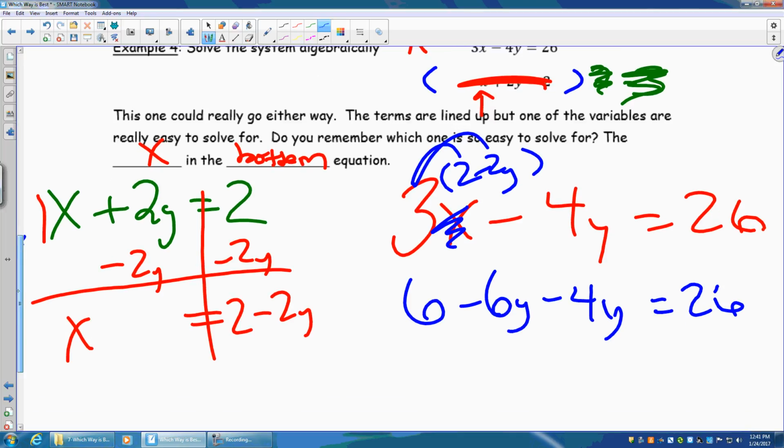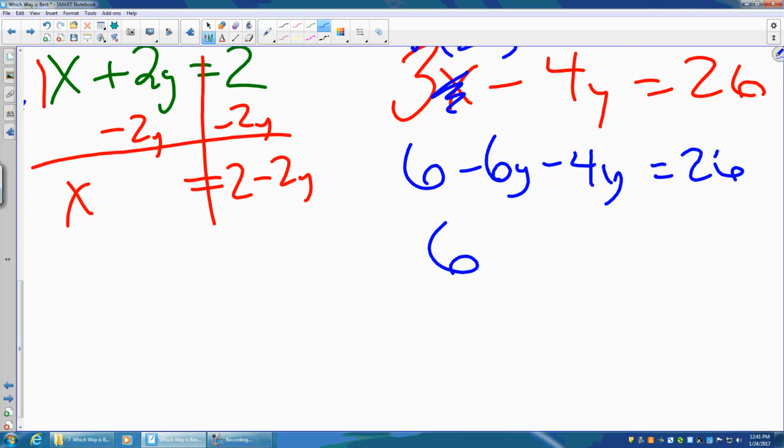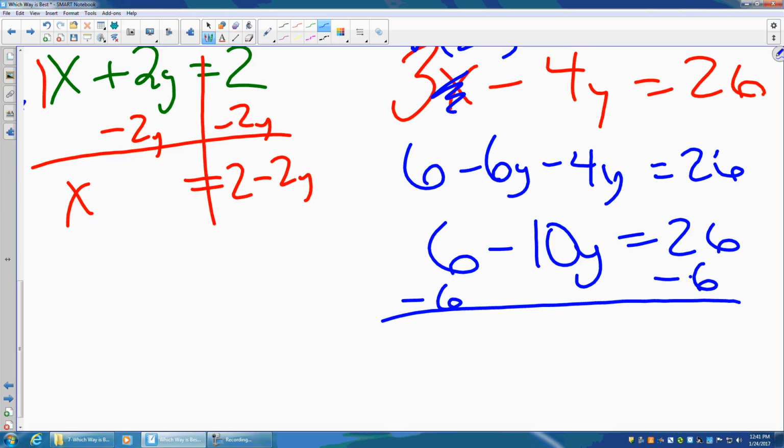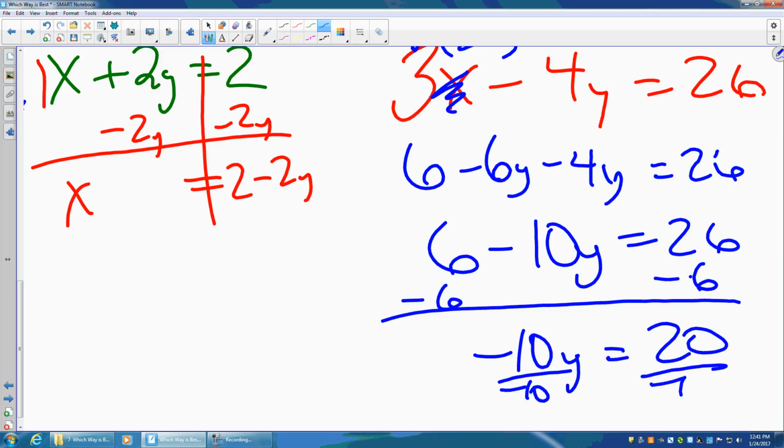Almost done. I end up getting 6 minus 10y is 26. Minus 6 on both sides. I end up getting negative 10y is 20. Divide both sides by negative 10. And I end up getting y is negative 2.